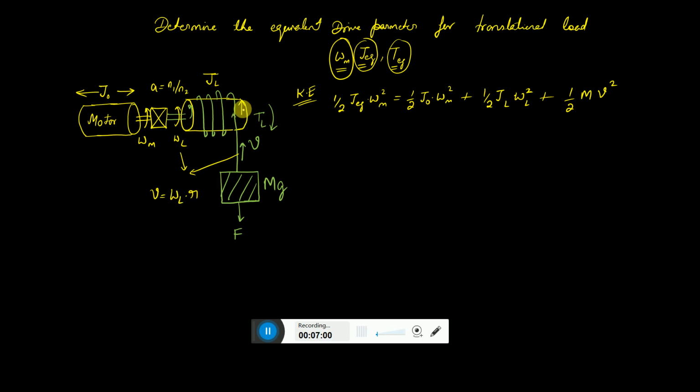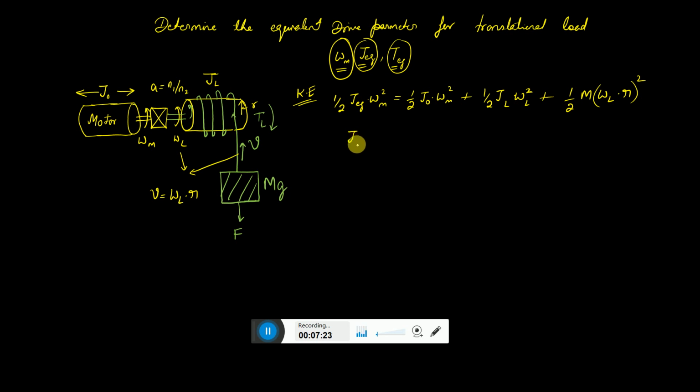If this is the radius of the drum, then instead of V we can write omega L into R. That also is possible, right? So instead of V, we can write omega L into R, whole square.